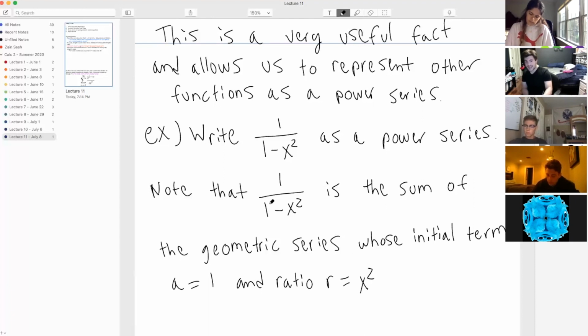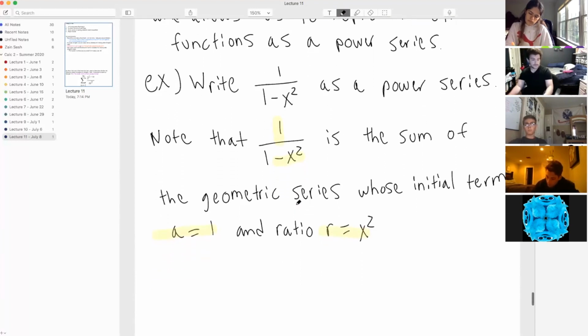So this is a over 1 minus r. But a is 1 in this case, and our ratio is x squared. All right, so that's how we're getting this.